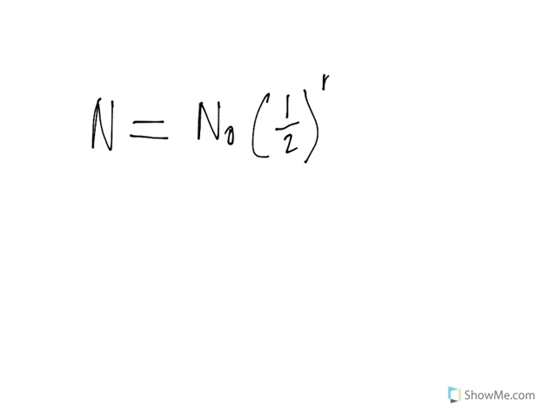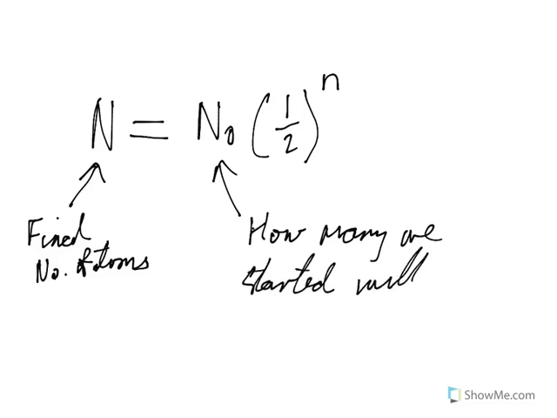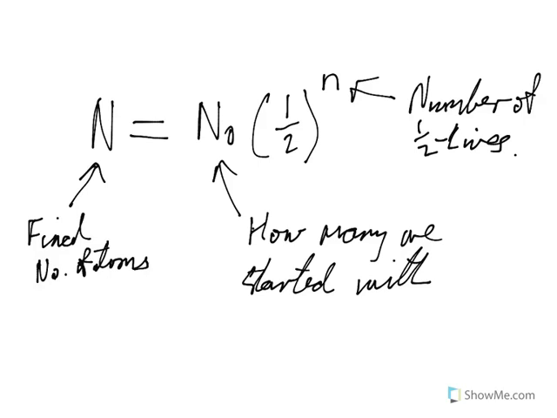So there is a formula, and the formula is this: N, how much you've got left, is N naught, how much you started with, times half to the power n. N is our final number of atoms, N naught is how many we started with, and this little n up here is the number of half-lives. So we can use that formula.